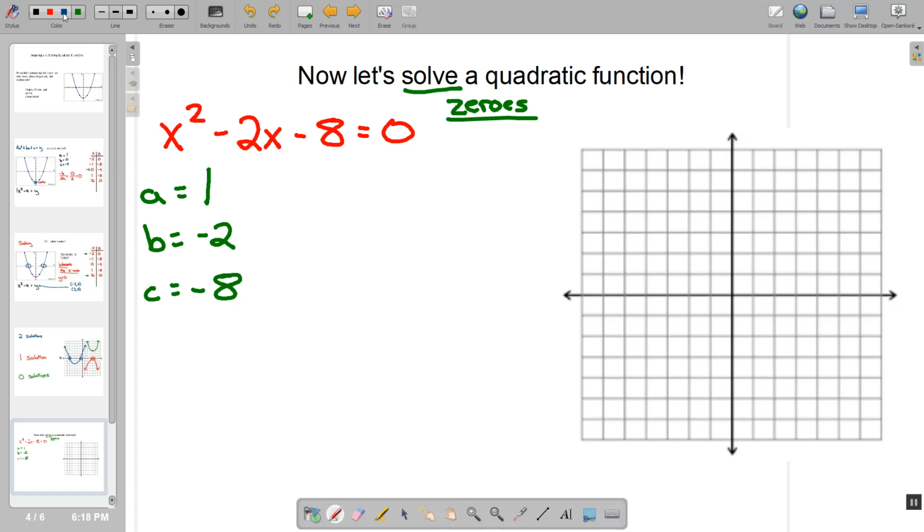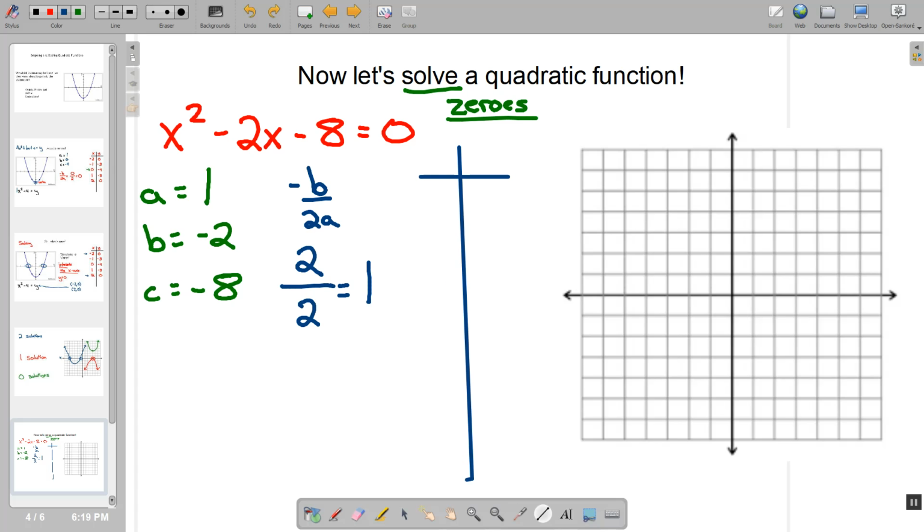From here, we need to do the opposite of b over 2a to help us figure out the table's center, or the vertex. So the opposite of -2 is +2. 2 times a is 2. So the center of our table is 1. So when we create our table, whoops, let's try that again.